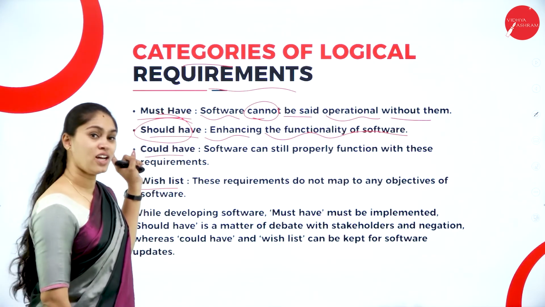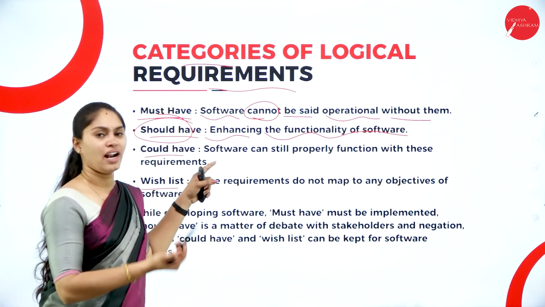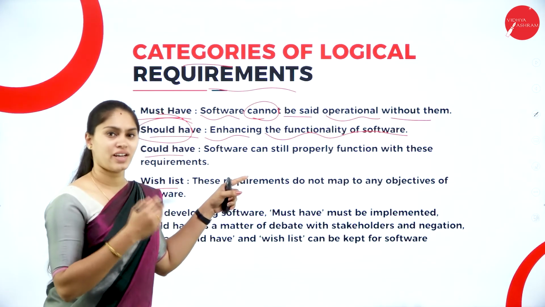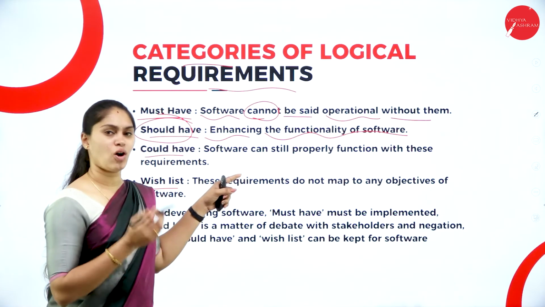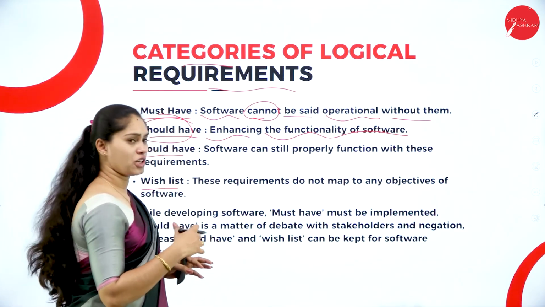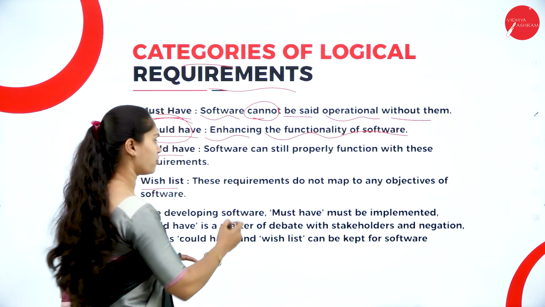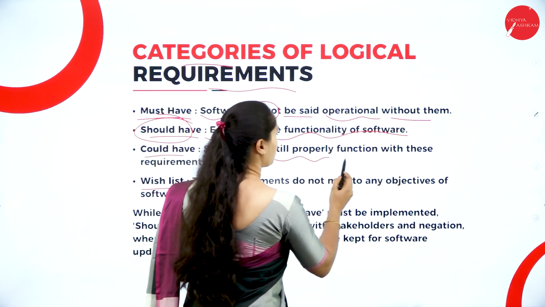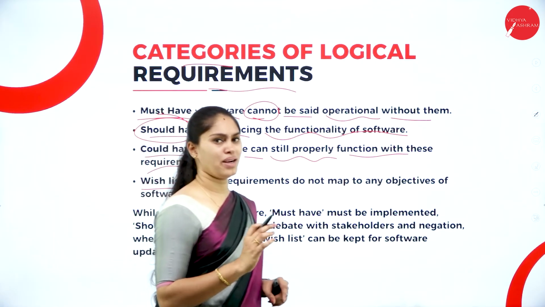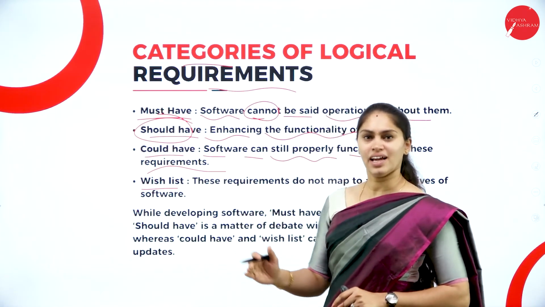Then what is could have. It can be there and it can also not be there. It is not going to affect whether we have that requirement or not in a system. But in future days, it can be incorporated to expect more efficiency in a software. Though we don't have that requirement, the software is still running in an efficient manner.